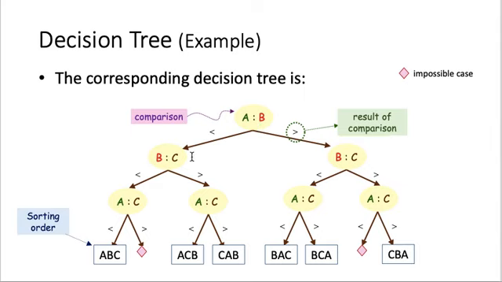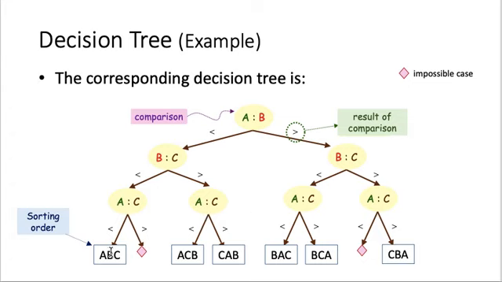On the left-hand side, this represents A is less than B. On the right-hand side, it represents A is greater than B. After the first comparison, we always make the second comparison, comparing B with C. So we have B and C here. And after that, we always make a third comparison, comparing A and C.